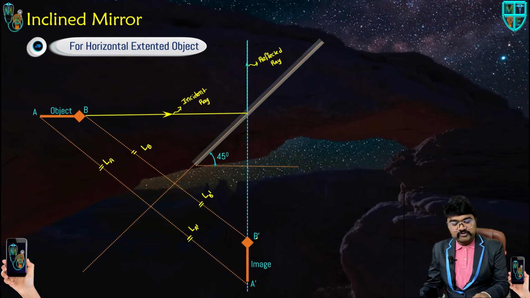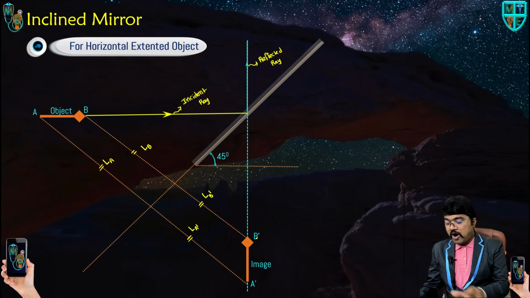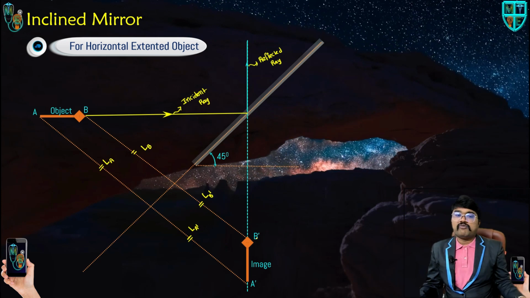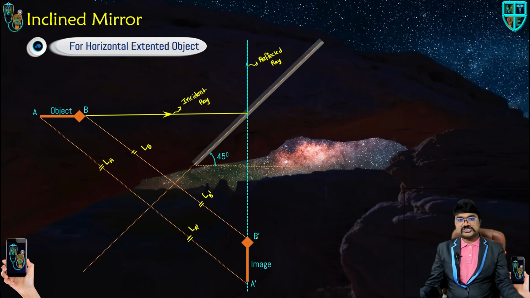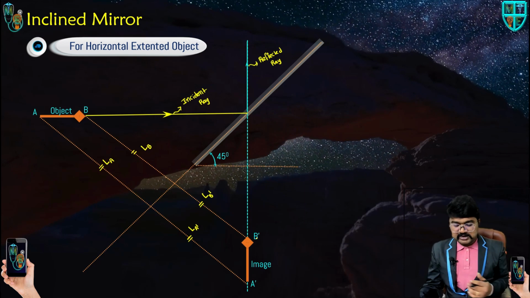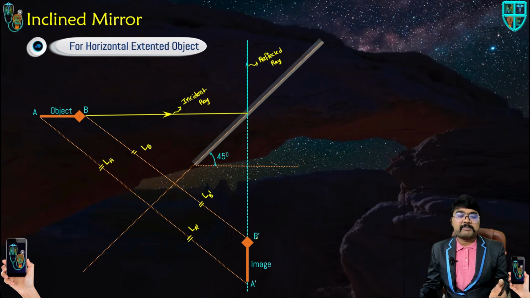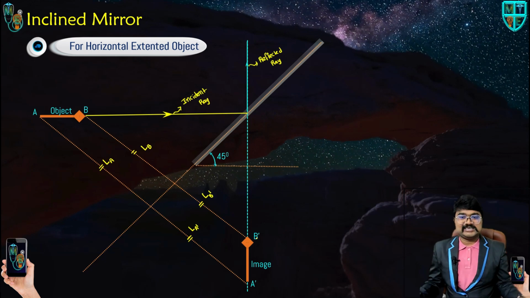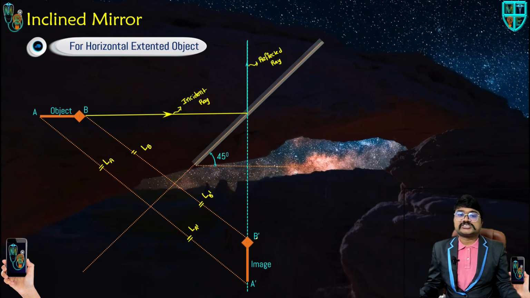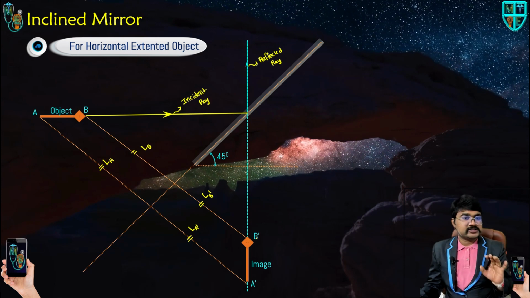Understood now? So if it is an inclined mirror, a horizontal object looks like a vertical object. Vertical extended object. So in this manner, the same procedure will be applied for all the cases in order to get image formation of the extended object.